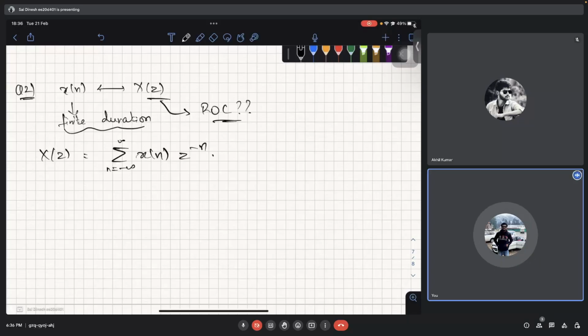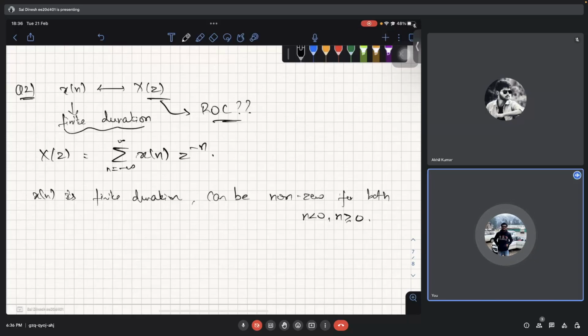So this is finite duration, so x of n can be non-zero for both n less than 0 and n greater than 0, right?